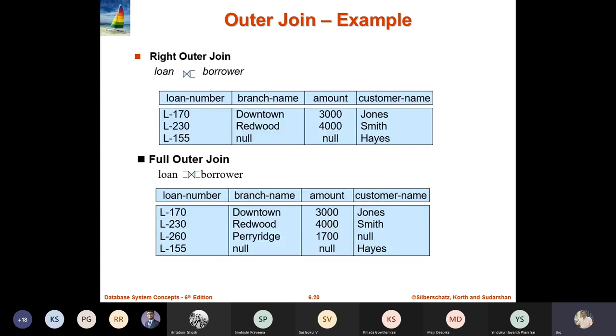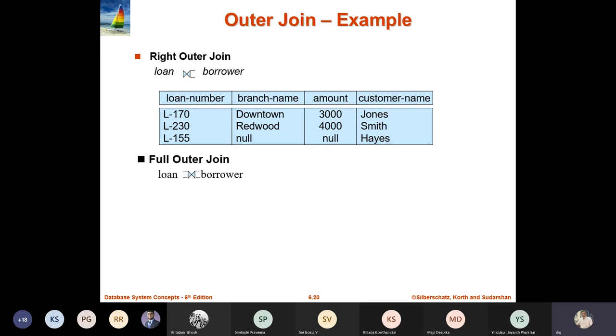Here, for Hayes the customer name with loan number 155, there is no loan amount or branch name, since there is no entry in the loan table, so both are kept as null.